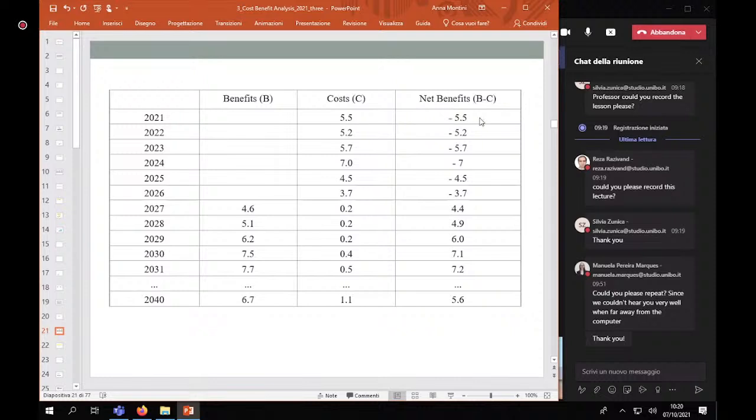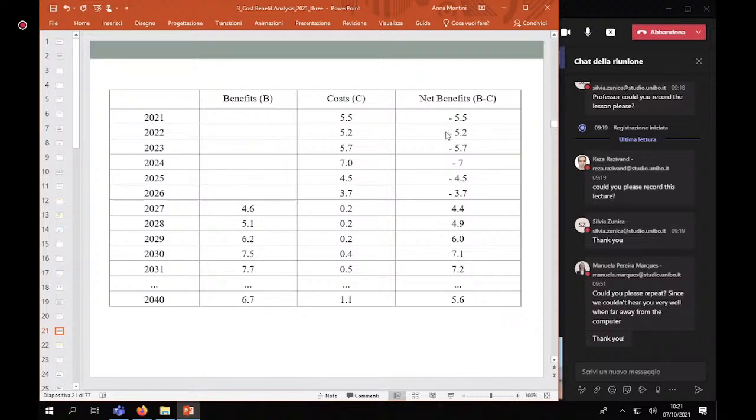If you calculate the present value for the first one, the present value is equal to the same value because the year is equal to 0. And so the part of the formula that you have below the line will give you 1, because you will have it at the power of 0.